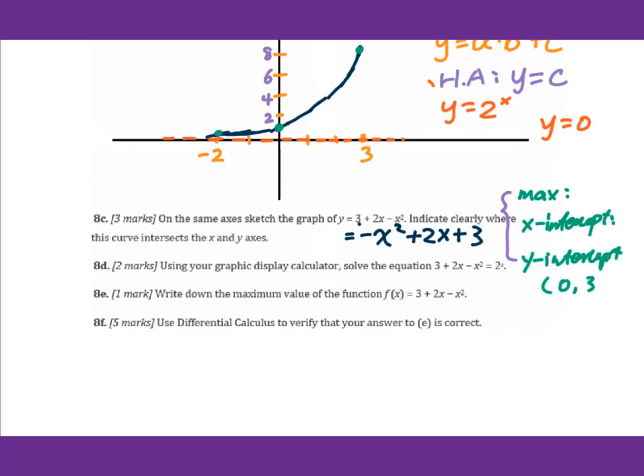Y-intercept, that's (0, 3), that's c. For the x-intercept, from a graphing calculator, you will get (3, 0) and (negative 1, 0). Maximum point will be (1, 4). Let's plot these 3 key points.